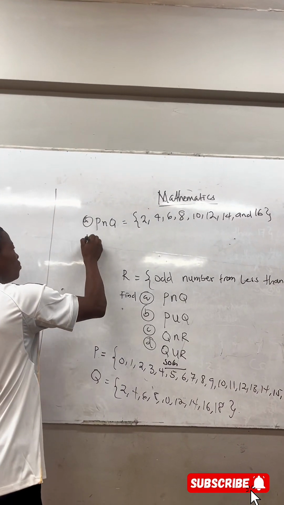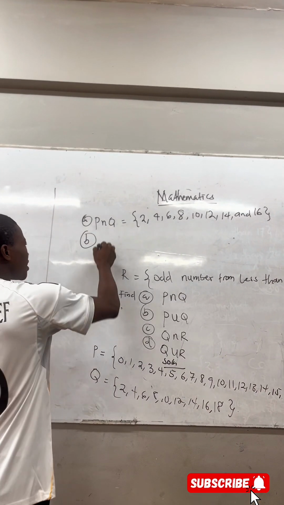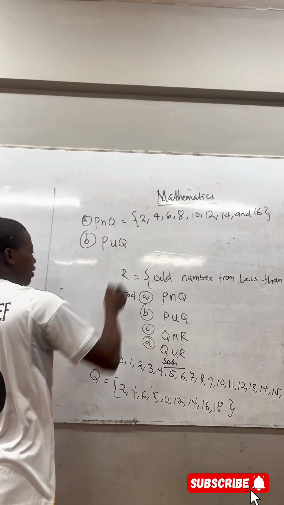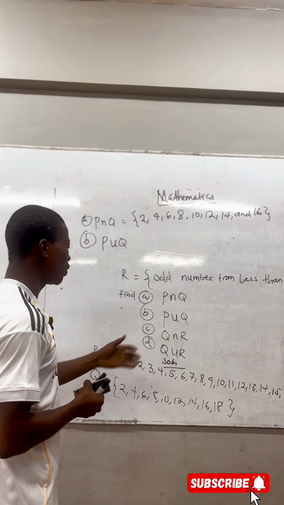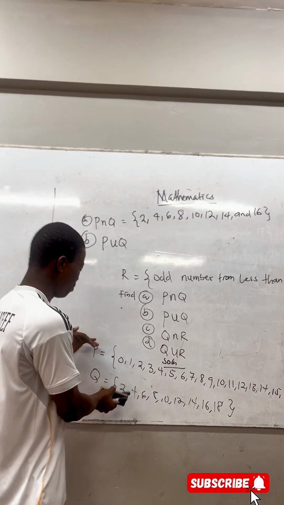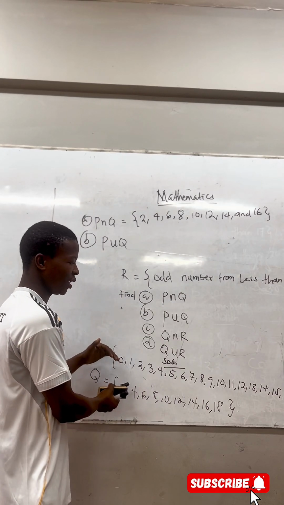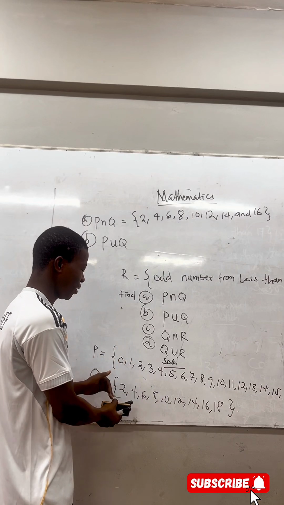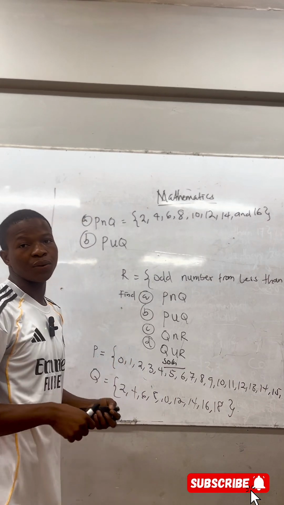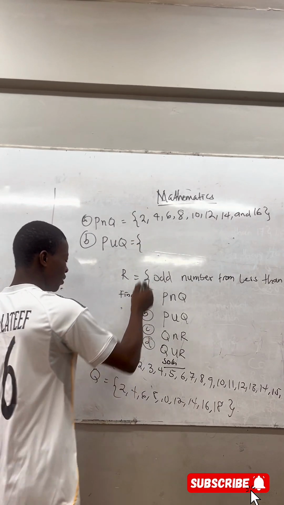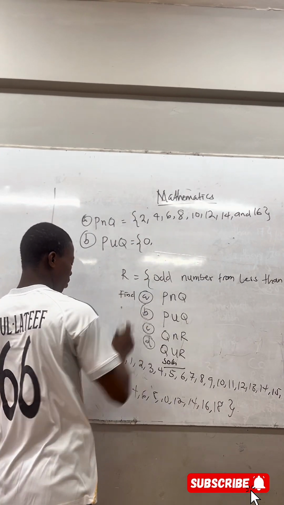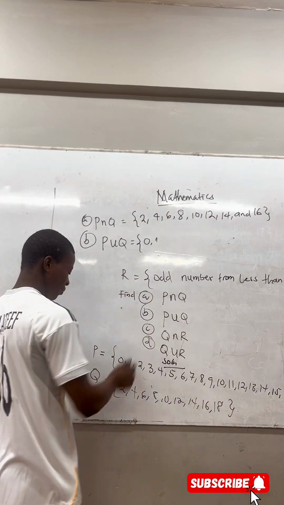Now we have our B, which is P union Q. P union Q means we add the members in P to the members in Q, in order of magnitude. So we have 0, then 1, 2, 2.